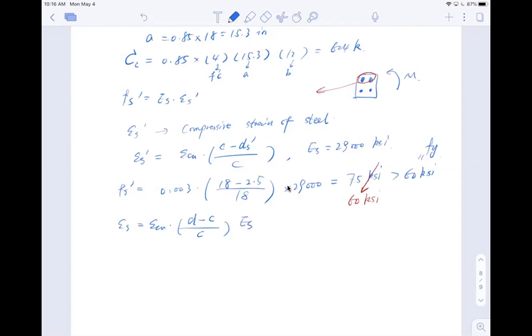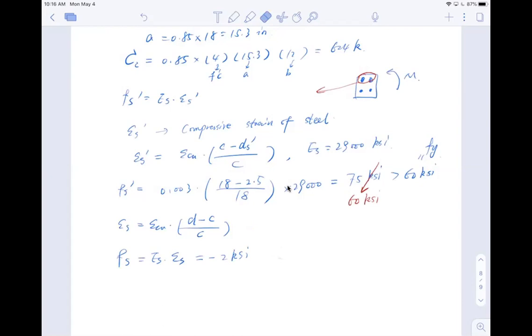I realized that after calculation, my stress equals Es multiplied by epsilon s, which gives me minus 2 ksi. What does it mean?